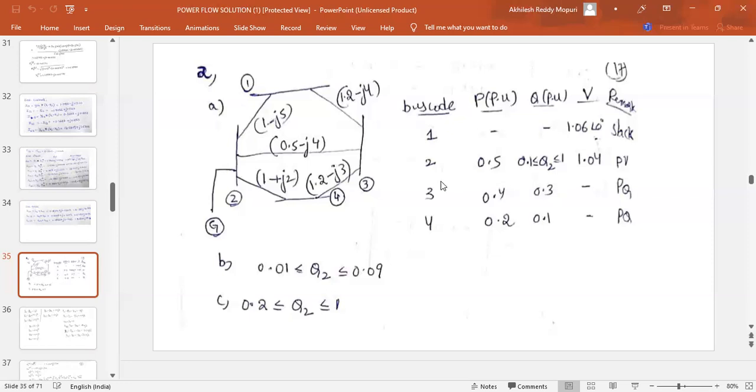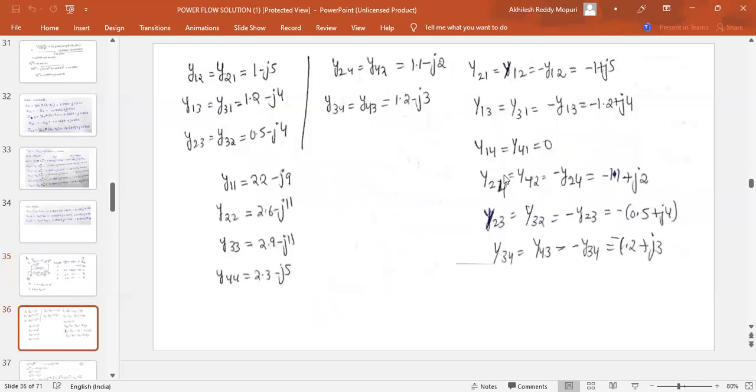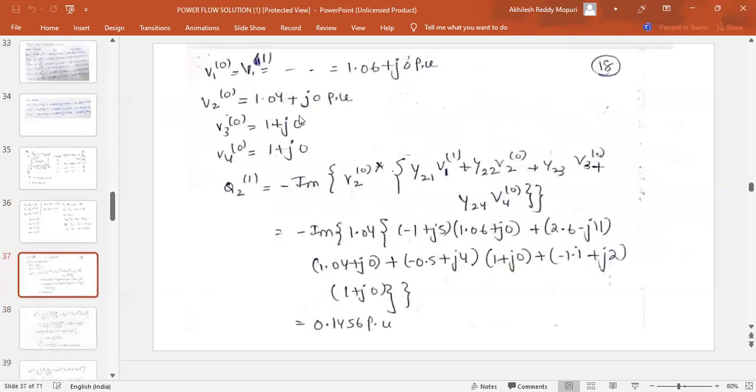I will explain only the second one, that is PV bus with Q2. First of all, they had taken all the things, Y12, Y23, all. Okay, now, since the first one is a slack bus, it is this. Second one is a PV bus. Third and fourth are PQ buses, we are assuming flat start voltage.